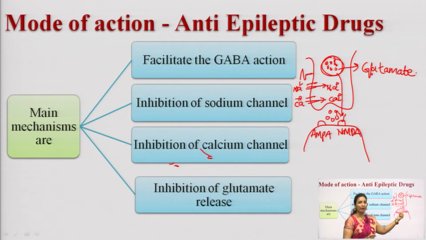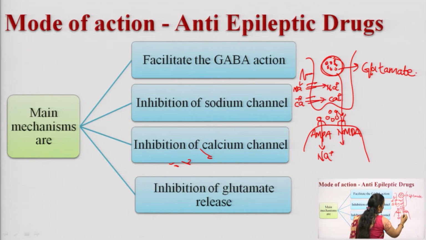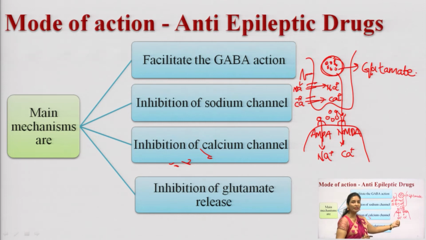When glutamate binds to the AMPA receptor, you can see the opening of the sodium channel. And once glutamate binds to the NMDA receptor, you can see the opening of the calcium channel. Sodium has a positive charge, and calcium also has a positive charge.